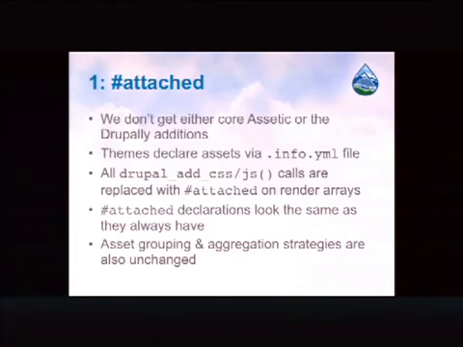How many folks have ever looked at the asset grouping and aggregation strategies in core, apart from Wim? Everybody knows Wim's done it. All right, yeah. It's awkward. And anybody who really cares about front-end performance should look at it and kind of cringe.